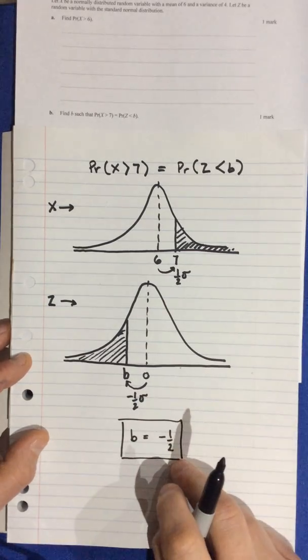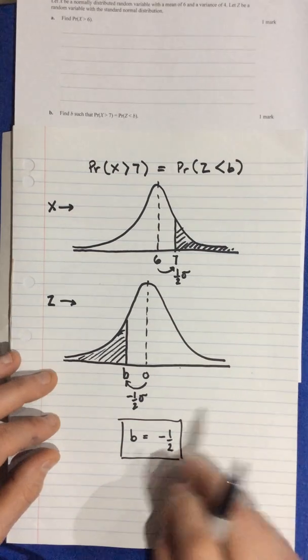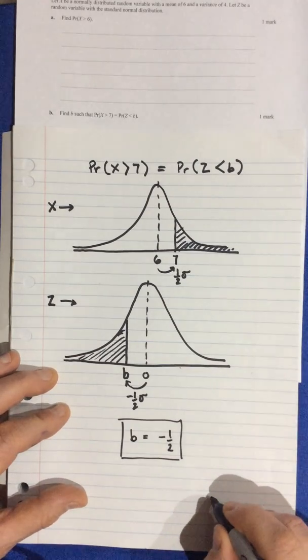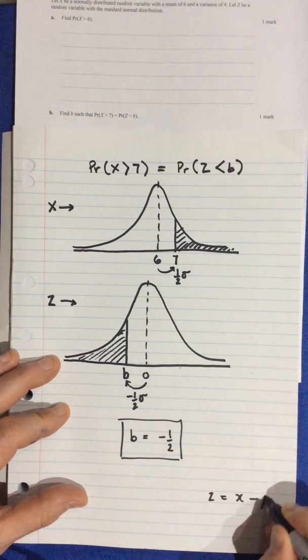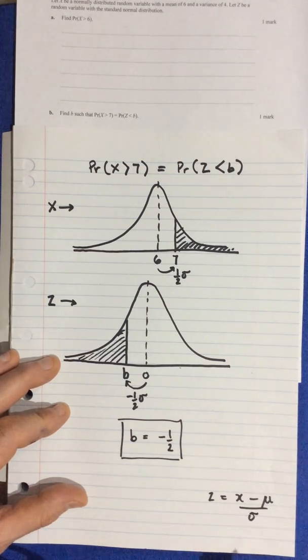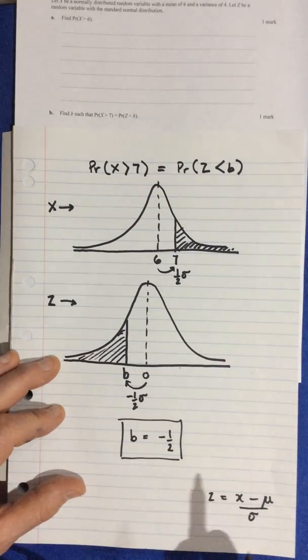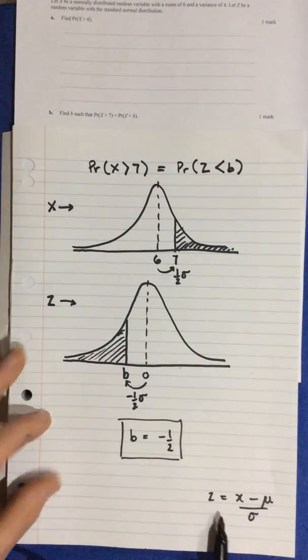Now you can actually solve that using the Z formula instead. If you remember, this is Z equals X minus the mean, divided by the standard deviation. I could have used that, but I'm not going to bother because I like the graphical approach.